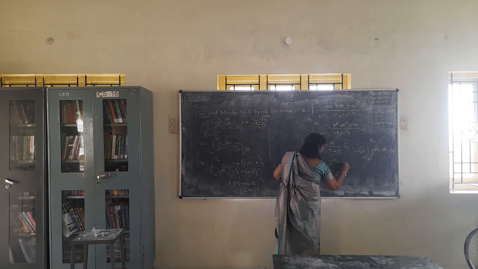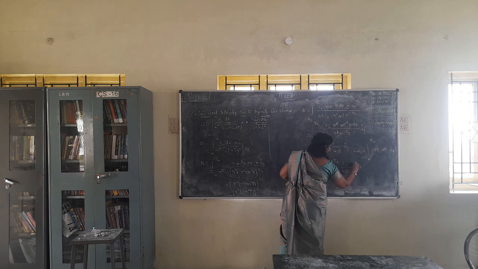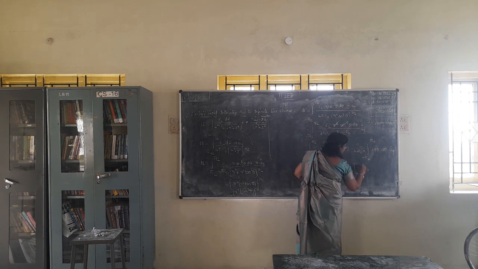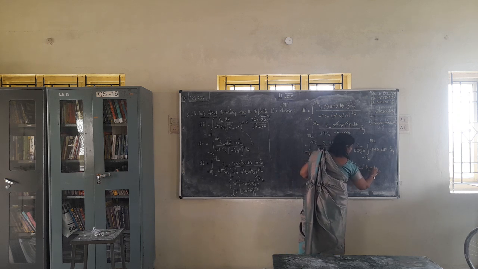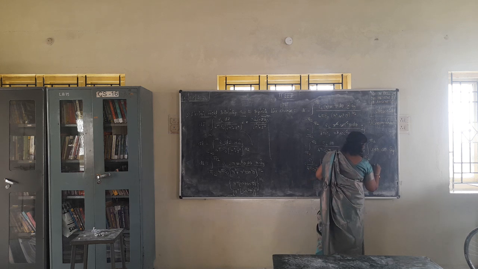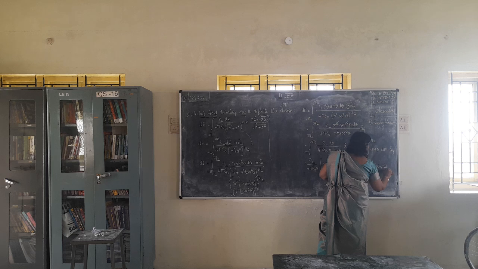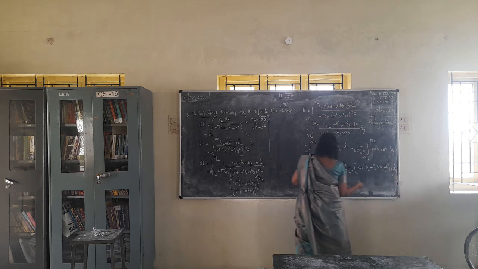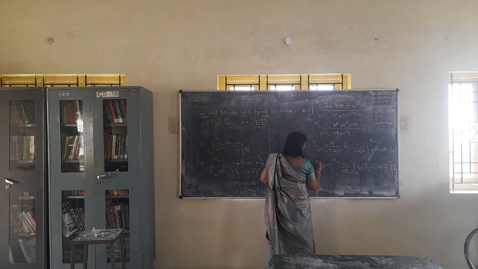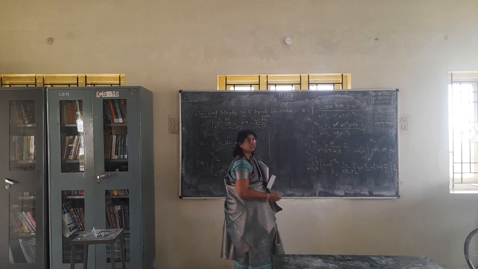So it is rho L divided by 4 pi epsilon naught r into sin pi by 2 minus sin minus pi by 2 into a_y vector.